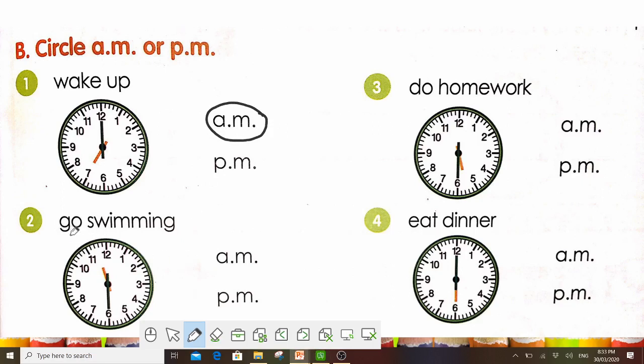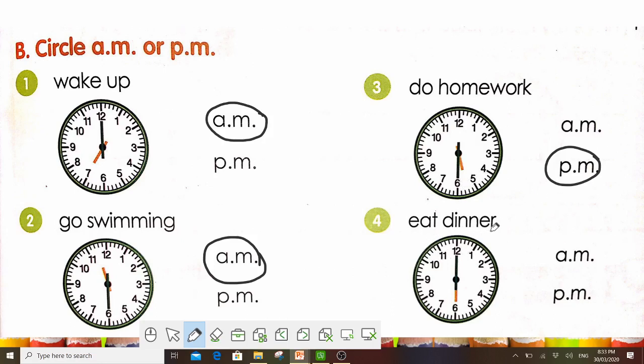You go swimming at 11:30 p.m.? No, because it's night. a.m. at the daytime. You do homework at 5:30 p.m. because 5:30 a.m. we are sleeping.